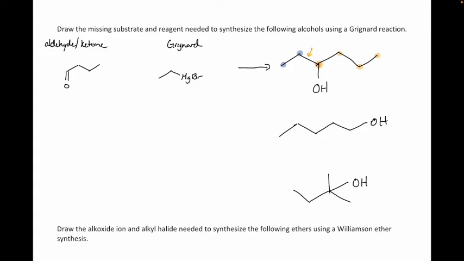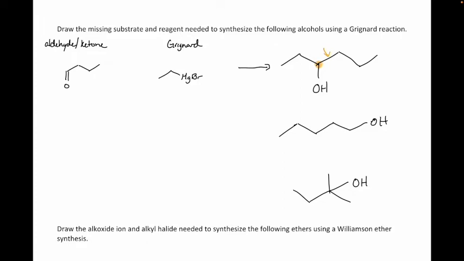The other one would be if, let's get rid of all these colorings. If I had instead said that the carbon-carbon bond on the other side was my new bond.